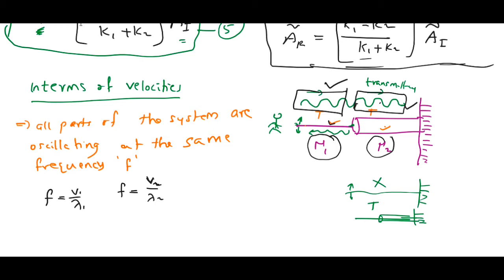Let us check this argument. The linear mass density is different, therefore velocity, how is it connected to the linear mass density? v is equal to root of T by mu.